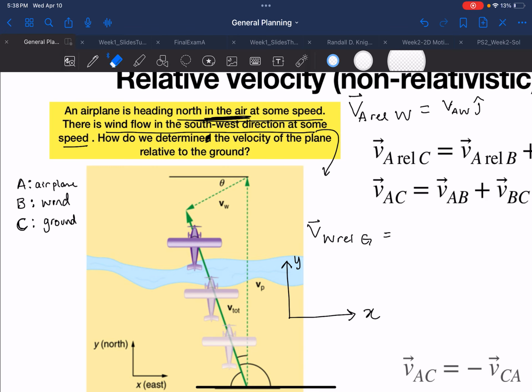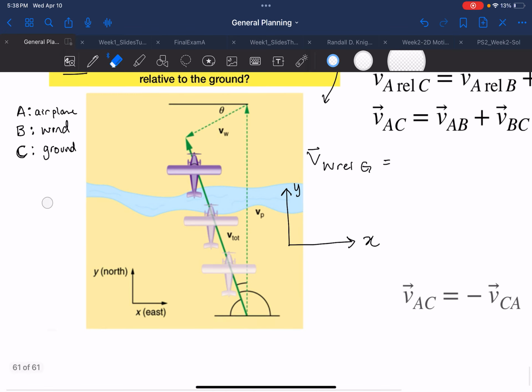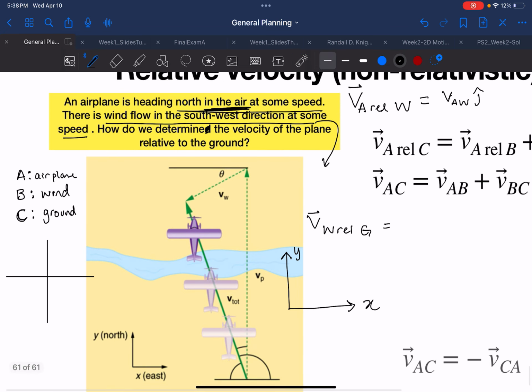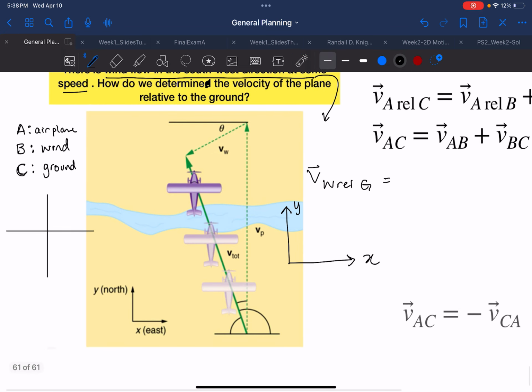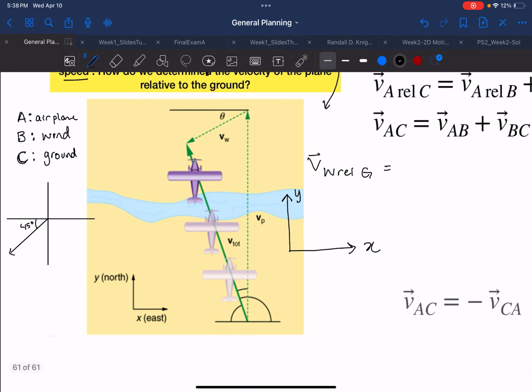Southwest makes an angle of 45 degrees, because it's halfway between south and west, and there's some speed V wind relative to the ground.